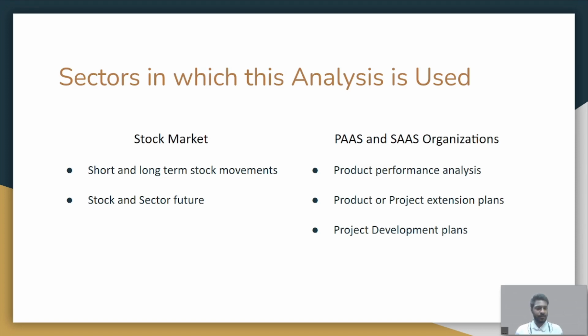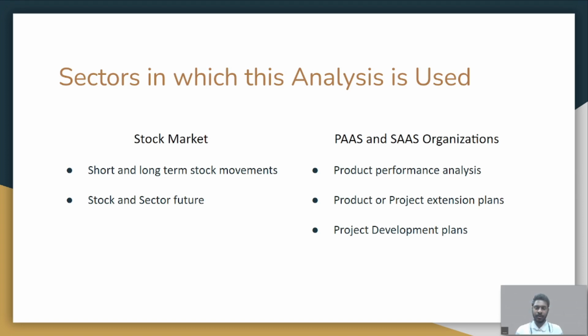For PAS and SaaS organizations, there is product performance analysis: the product which is there in the market, how well or how badly it performed, and what kind of feedback the company is getting from its customers, and so on. Then project or product extension plans.